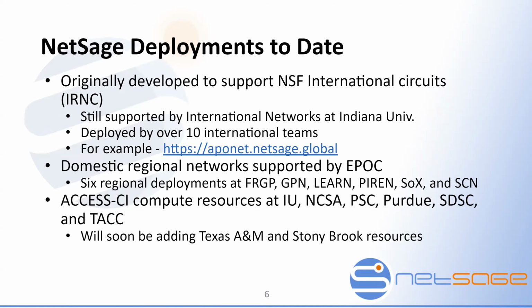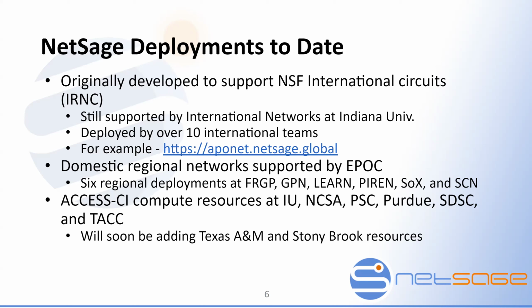So right now, regionally, we have FRGP, GPN, Learn, Pyron, SOCKS, and Sun Corridor Network on board. Fairly recently, just in the past 6 months or so, we now have NetSage looking at Access CI compute resources. So these are Jetstream at IU, Anvil at Purdue, and TACC. We're showing everything we have there, but really specifically the access resources like Stampede are the ones that we're interested in.